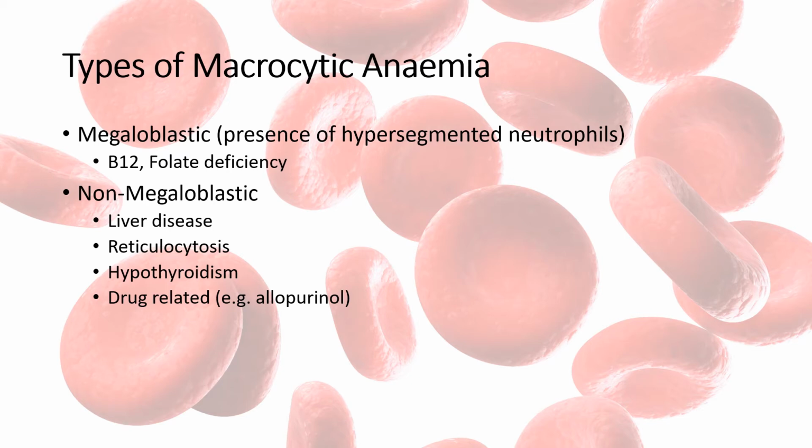Types of megaloblastic anemia include vitamin B12 deficiency and folate deficiency, while non-megaloblastic causes of macrocytic anemia include liver disease, reticulocytosis, hypothyroidism, and different medications such as allopurinol.